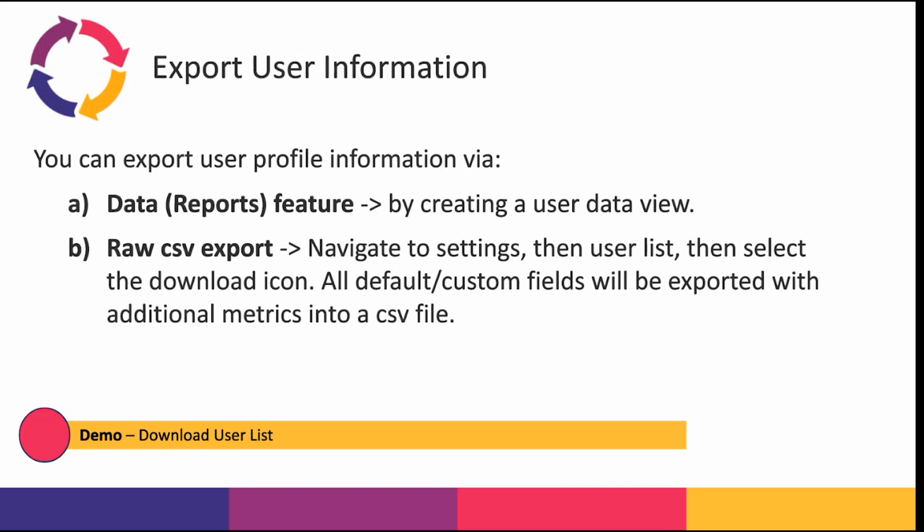That will be covered in much more detail in a future session. And the other way is just to take a raw CSV export, and there we just go into the same link that we've been going to, so the settings and then user list, and then you essentially can just directly download the CSV. So we'll just have a look at how we can do that now.